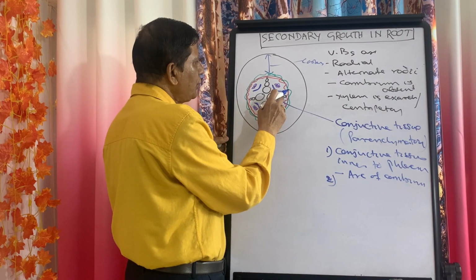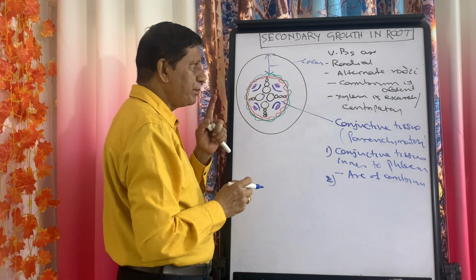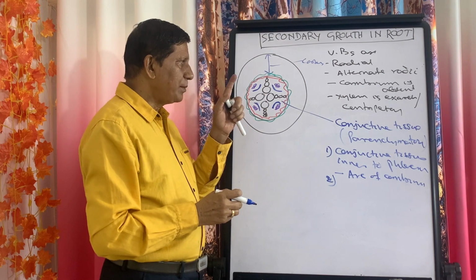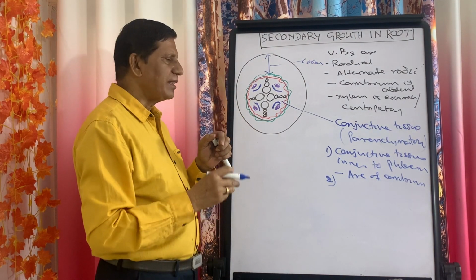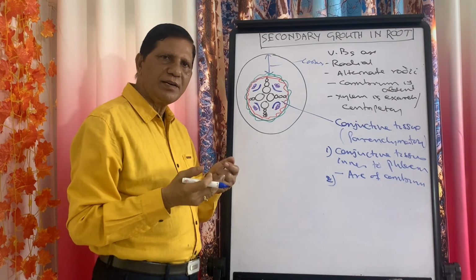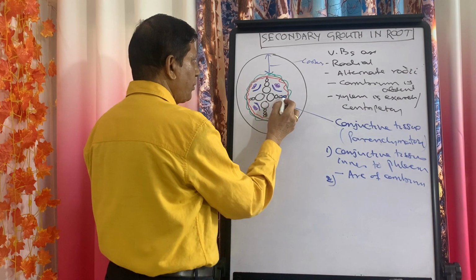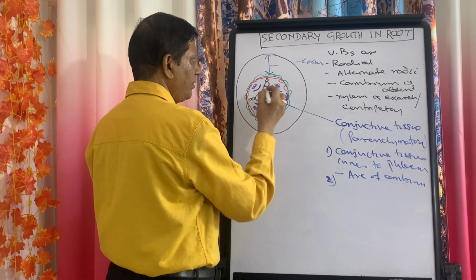This is the first step. In the second step, what will happen? Now, outer to the protoxylem, the pericycle is there, and the pericycle is again parenchymatous, single layered. Now, the pericycle, which is parenchymatous, will become active and meristematic, just opposite to the protoxylem. So, this is protoxylem, and this is the pericycle. It is also parenchymatous.